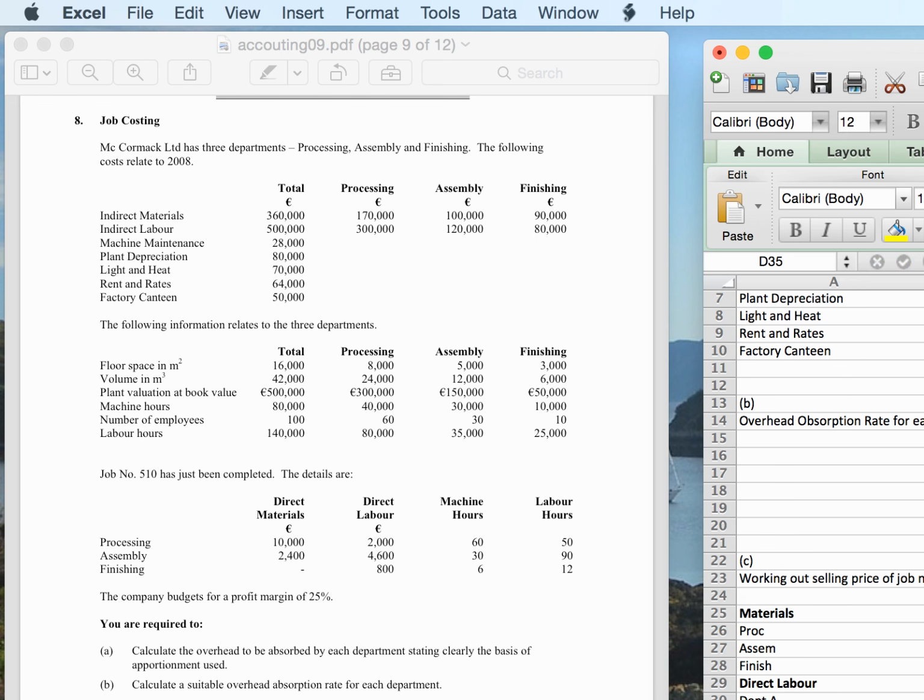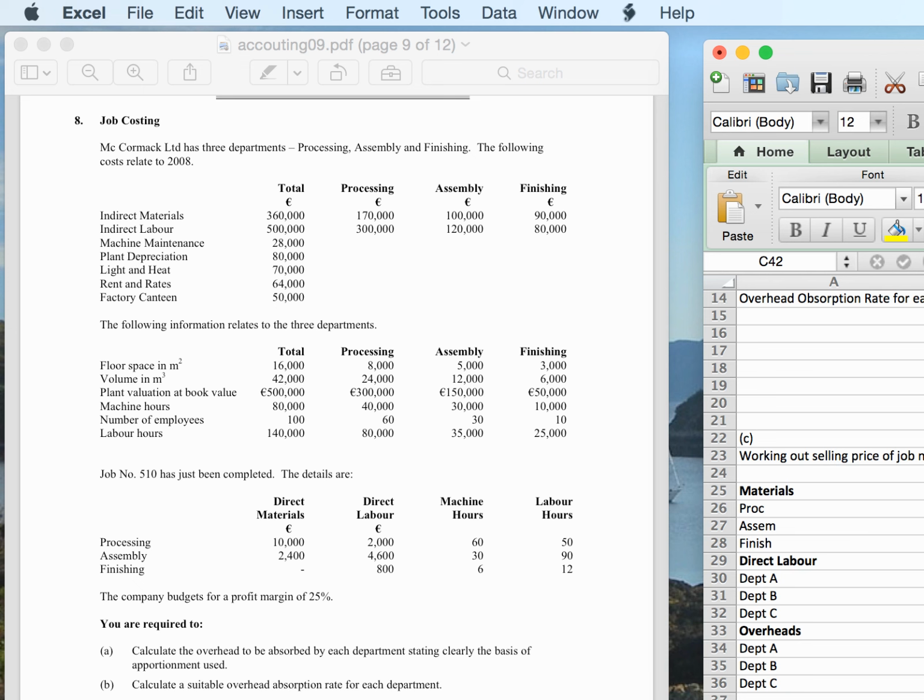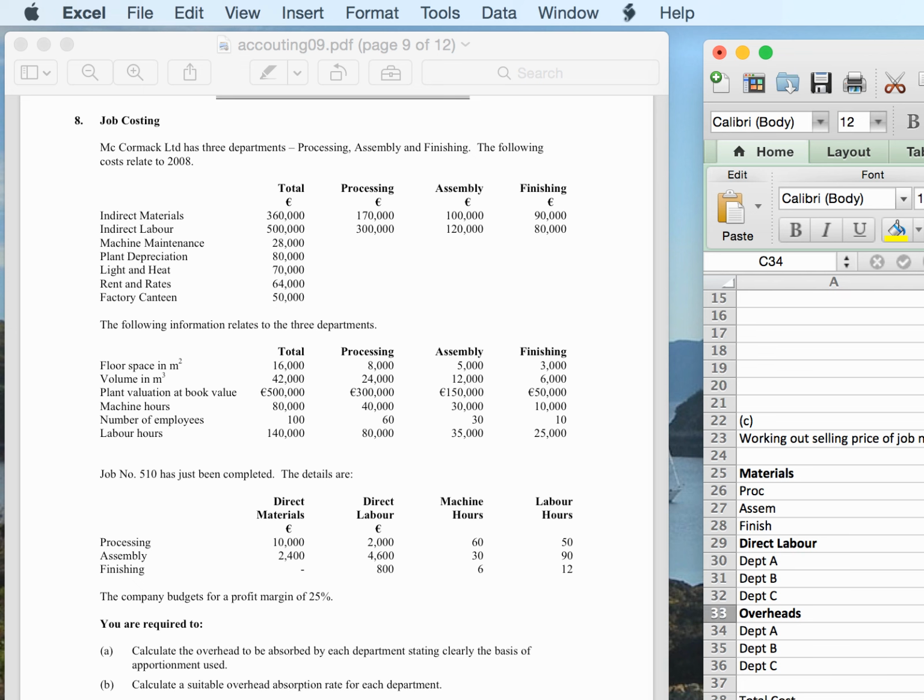So let's go and look at our labour. So processing and finishing.